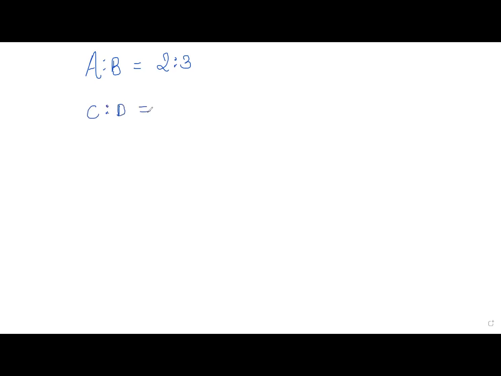C is to D, that is 6 is to 7. And B is to C, that is given 4 is to 5. And find the ratio between A, B, C, D. A is to B is to C is to D. Look at this.